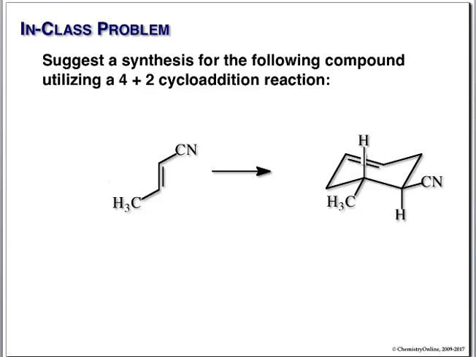Our diene is the carbons that are left over. The carbons that are left over are simply these 4, 1, 2, 3, 4. No substituents. This is just going to be a butadiene. Any questions on it?